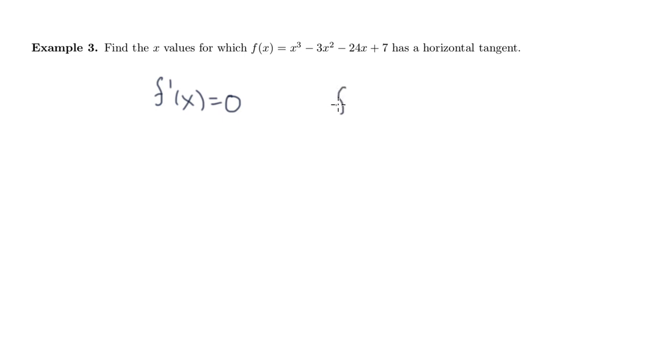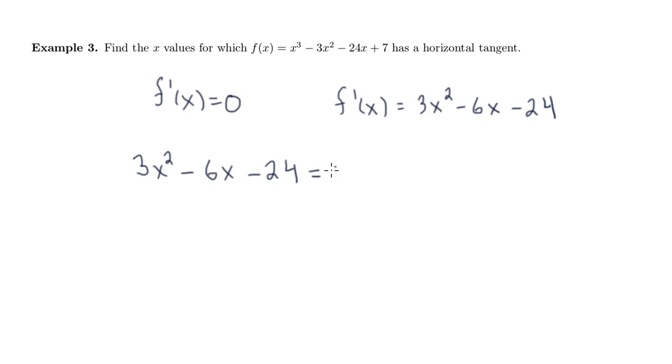F prime of x was equal to 3x squared minus 6x minus 24. We just did that by using the definition of the derivative. So if I want f prime of x to be equal to 0, I'm really looking to solve 3x squared minus 6x minus 24 equals 0.